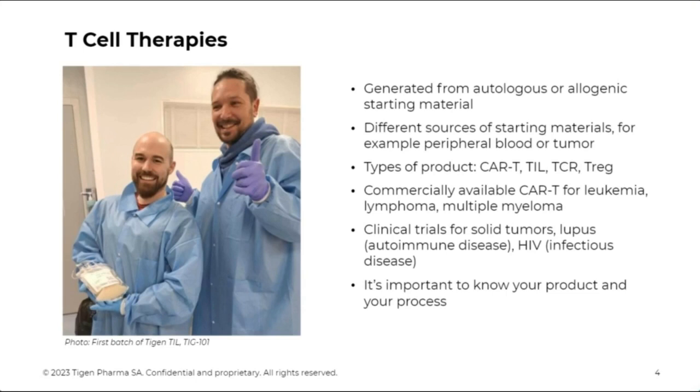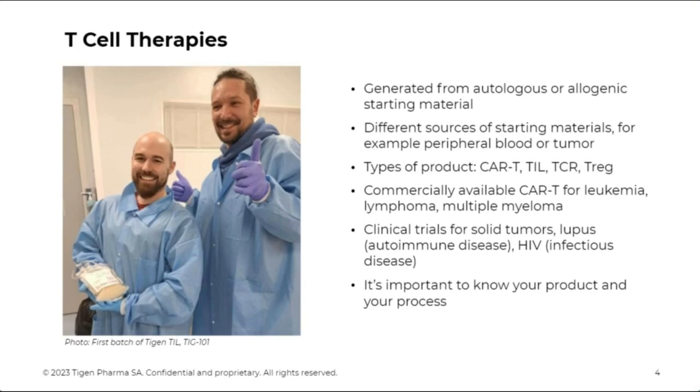There are several different types of T-cell products. We have the CAR-T, for example, Kymriah and Yescarta. Kymriah was the first one approved, and thereafter shortly came Yescarta. Today, there are several commercially available products for leukemia, lymphoma, and multiple myeloma.